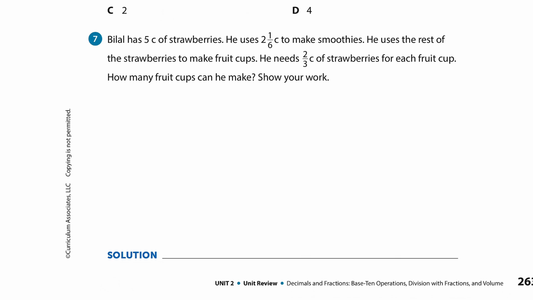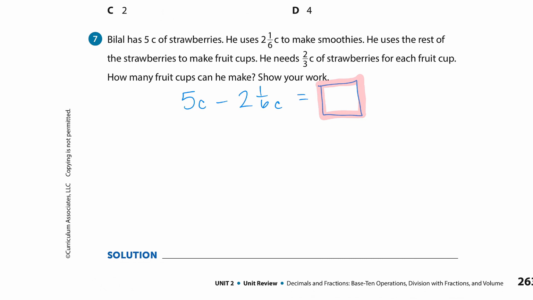Show your work. So we need to start off with how much does he have altogether? I know he has 5 cups. And then he's going to take some out to use smoothies. So I'm going to subtract 2 1/6 cup. Okay, then we'll get our answer here. Okay, I'm actually going to highlight that one red. Okay, so once I do that subtraction, I have that answer.